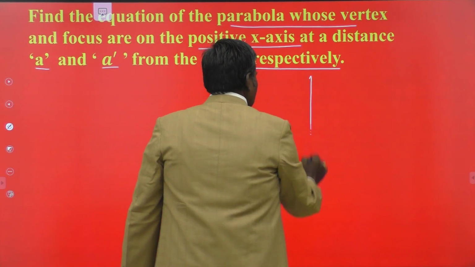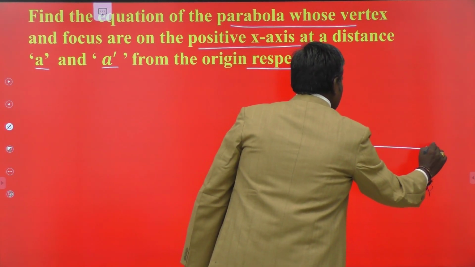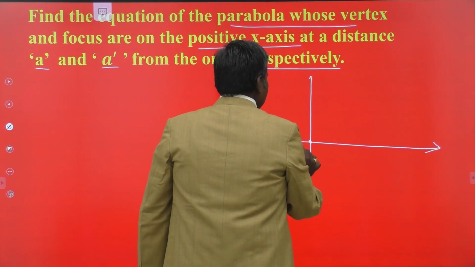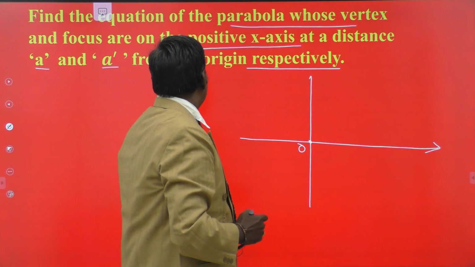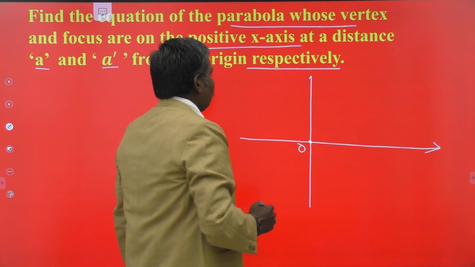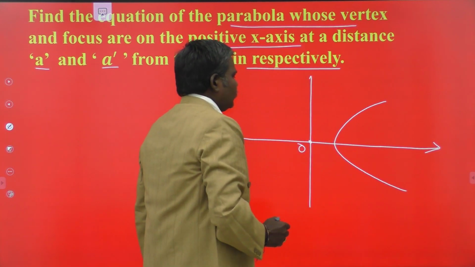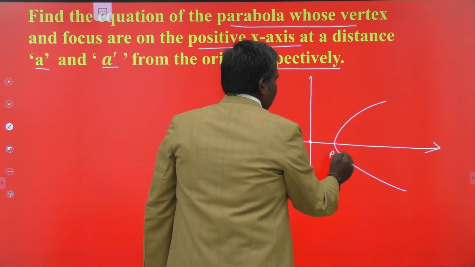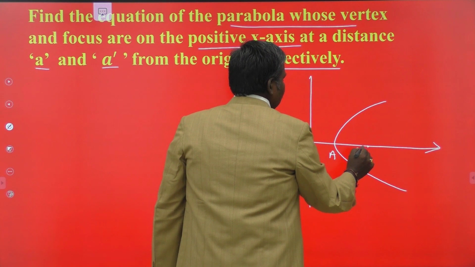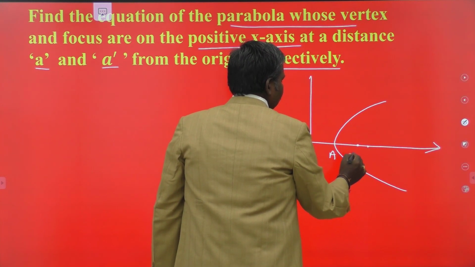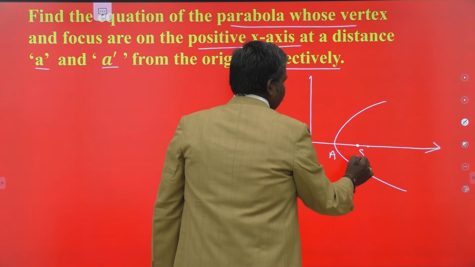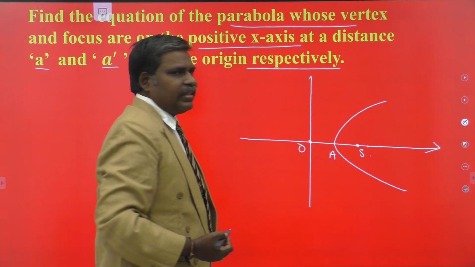So we have to find out the equation of this parabola. See here, this is the y-axis, this is the x-axis. So it is the origin, point of intersection. Okay, your parabola may be in this manner. This is the vertex of the parabola. This is your focus of the parabola. What they are given to you?